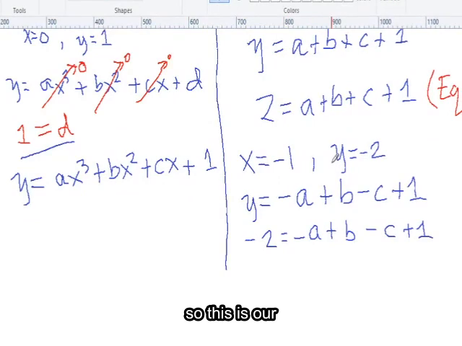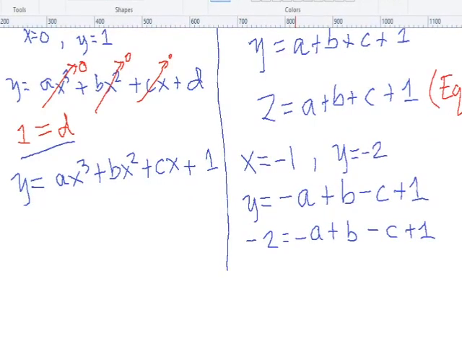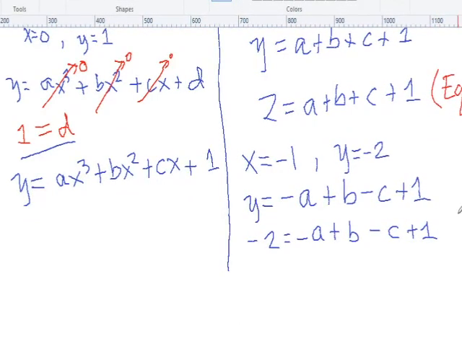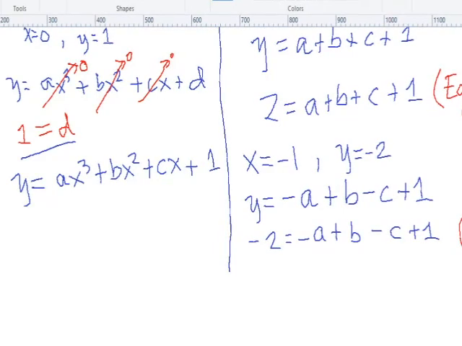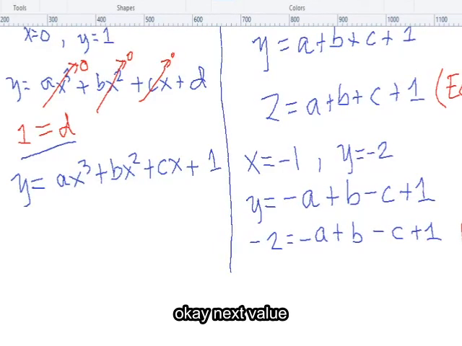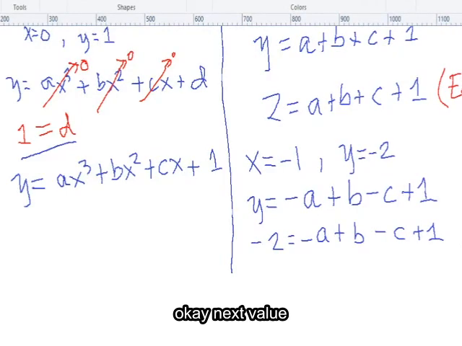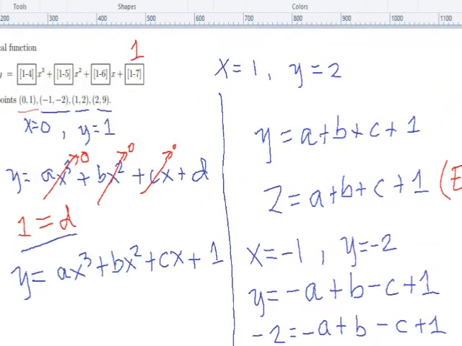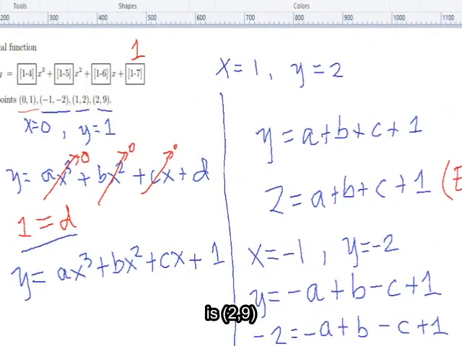So this is our equation 2. Okay, next value is (2, 9).